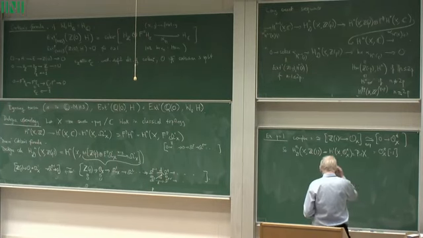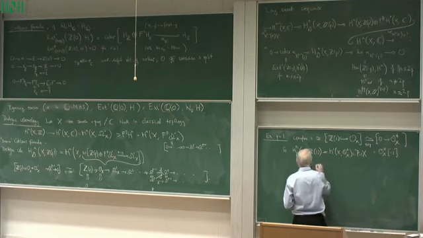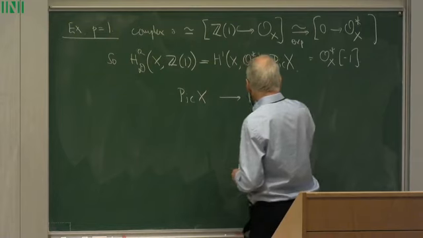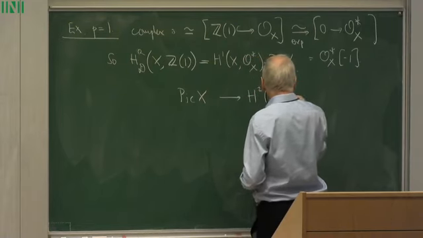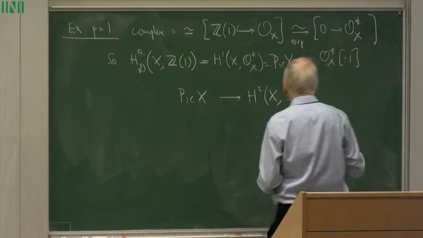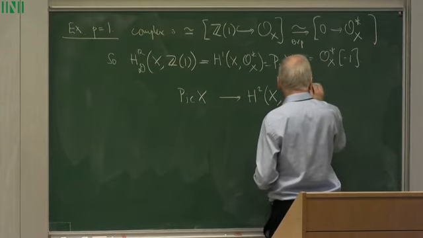And so we have, n is 2, p is 1, so they still both hold. So we have Pic X mapping to H2 X Z.